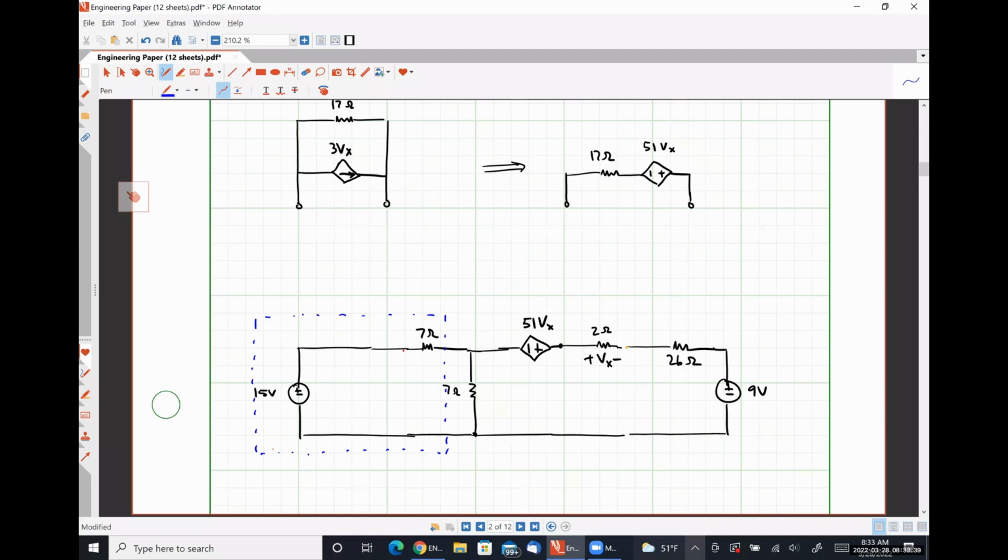If I were to perform a source transformation here, what would that do? It placed the 7 ohm resistor that's currently in series with the 15 volt source in parallel with that other 7 ohm resistor, allowing me to combine those, right? So what's 15 volts in series with 7 ohms look like?